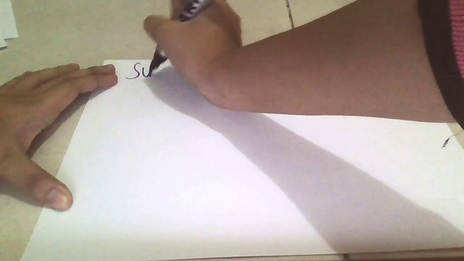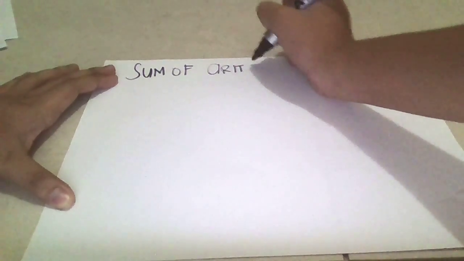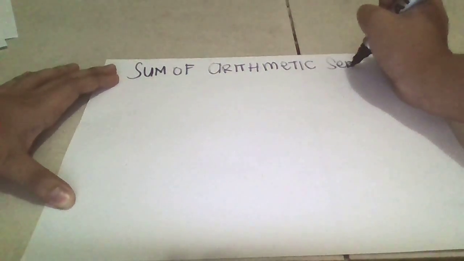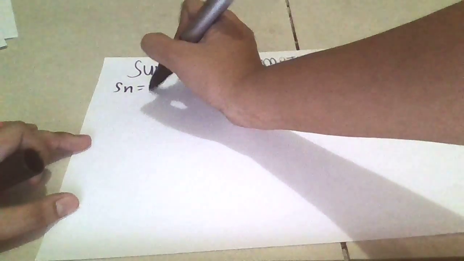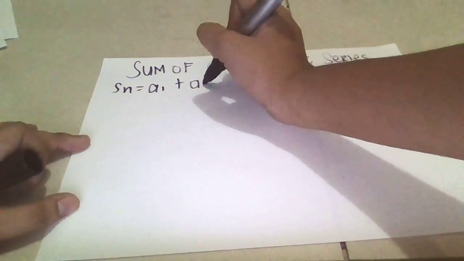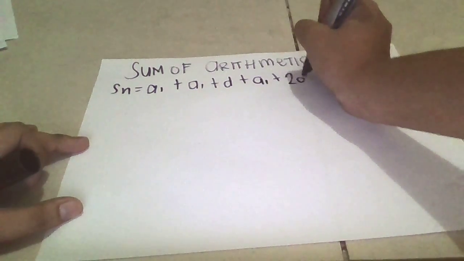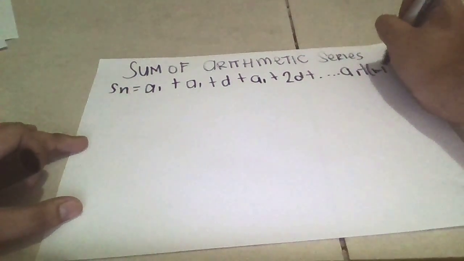Second one is finding the sum of an arithmetic series. This is denoted by S sub n is equal to a sub 1 plus a sub 1 plus d plus a sub 1 plus 2d dot dot dot a sub 1 plus n minus 1 d.